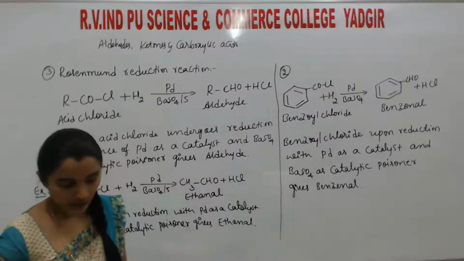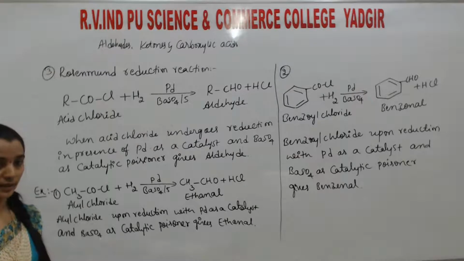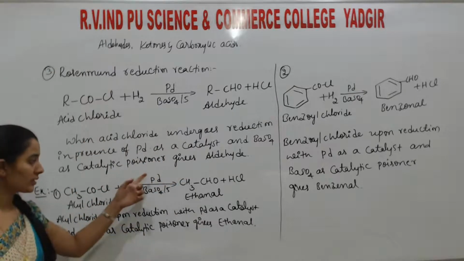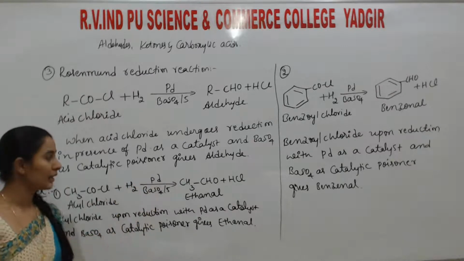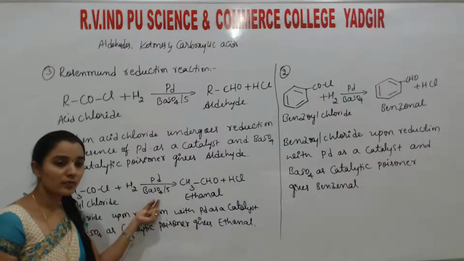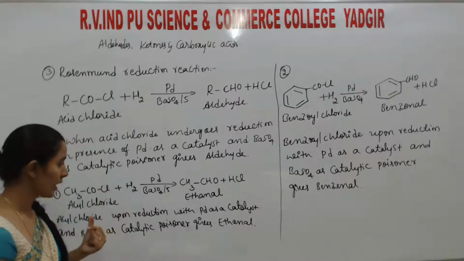Remember, in all the three cases, what is same? The reaction process is same. Both are undergoing reduction only in presence of this palladium and BaSO4 only. Here palladium is a catalyst, it gives the surface area for the reaction, and BaSO4 is the catalytic poison which decreases the efficiency of the catalyst.